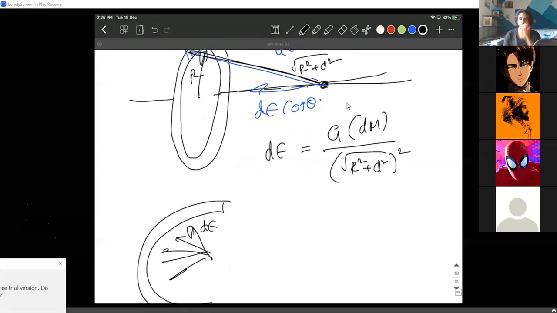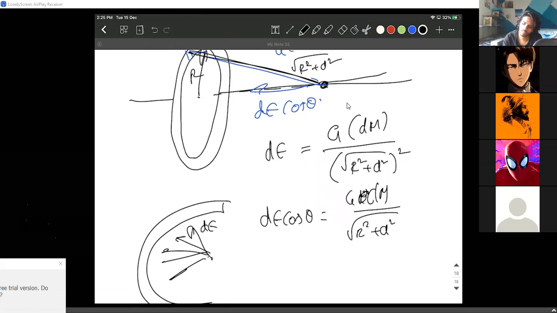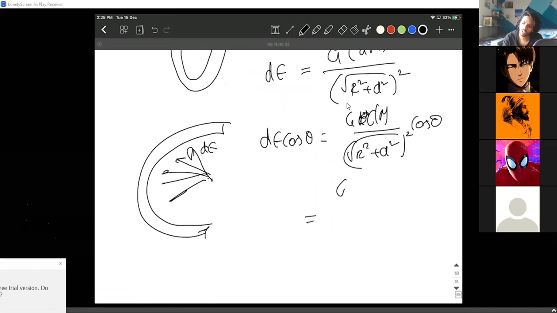But we want dE cos theta. So G dm by (r square plus d square) into cos theta, where cos theta is d by root over r square plus d square.